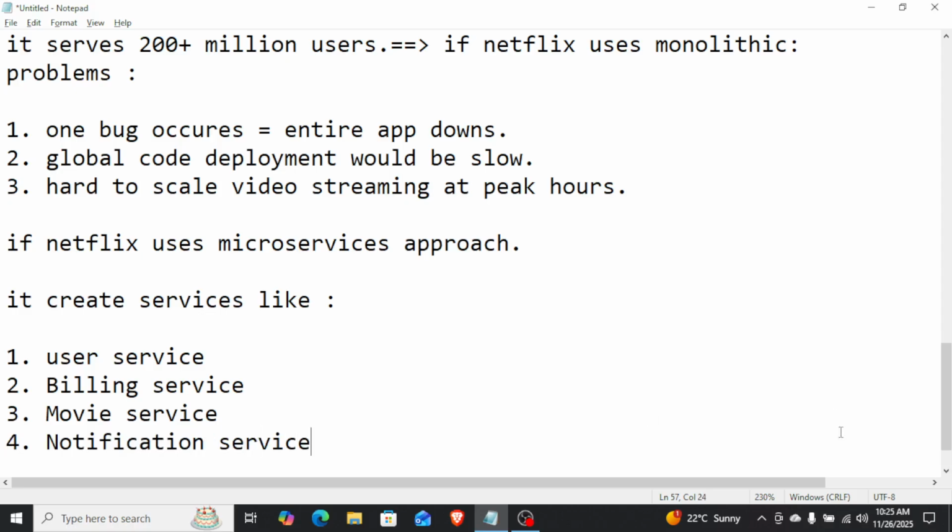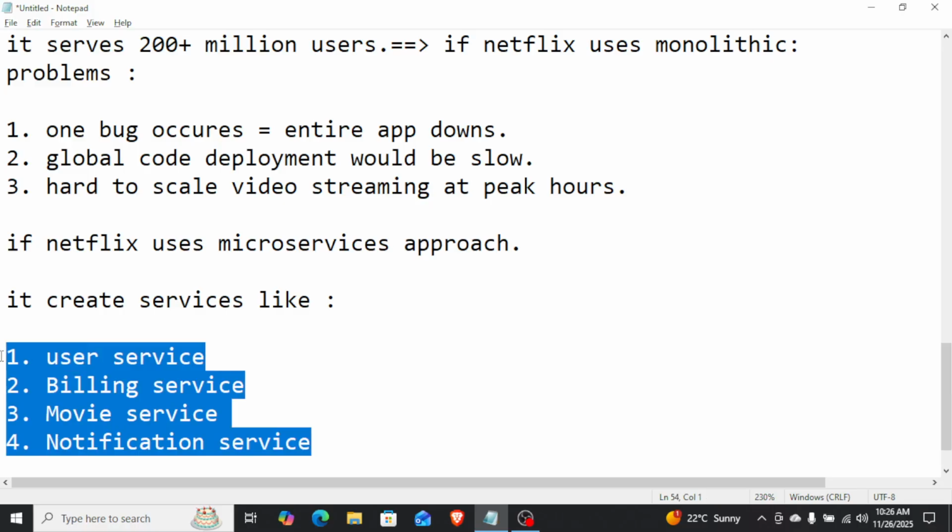Like when a new movie is released, you will get a notification. Each of these services can scale independently. So if streaming demand increases, Netflix only scales the video streaming service, not the entire system.